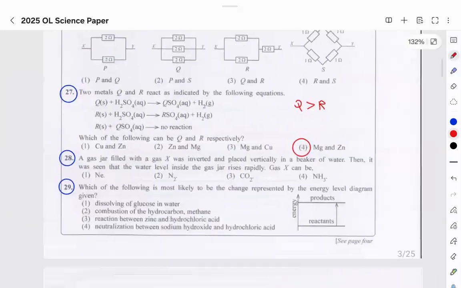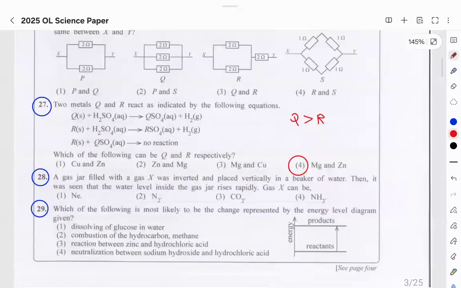Raise your hand if you understood that. If you have any doubts, put them in the chat box. We can discuss them. You have to remember the activity series. Very, very important, in order to answer these kinds of questions. So important.